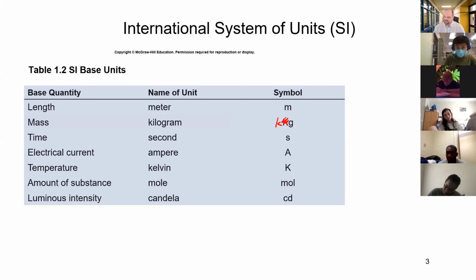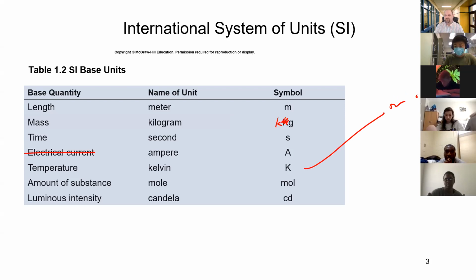Time we measure in seconds. Electrical current in amps, we won't really use that one this semester. Temperature in Kelvin, though we'll see both Kelvin and Celsius. The thing to know about Kelvin and Celsius is that the size of a Kelvin degree is exactly the same as a Celsius degree.